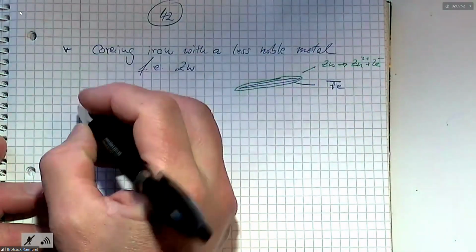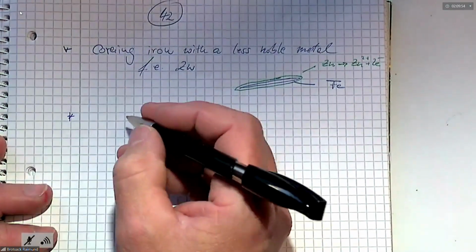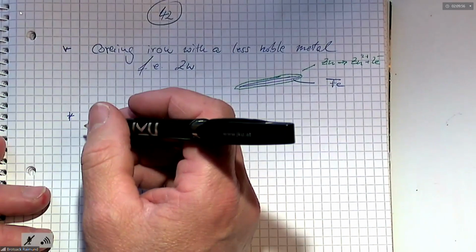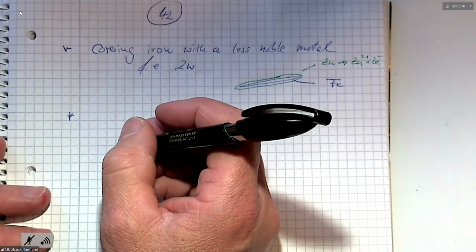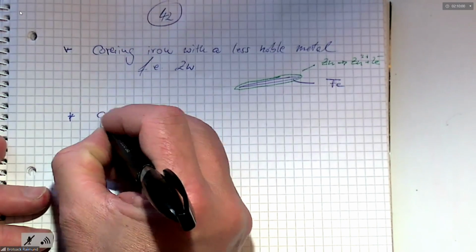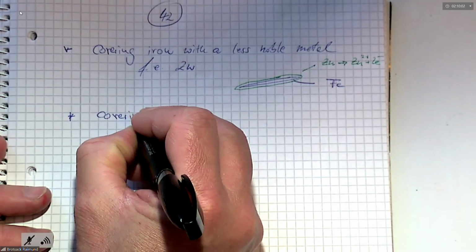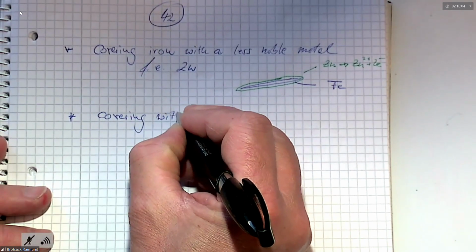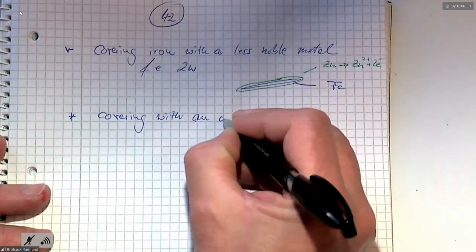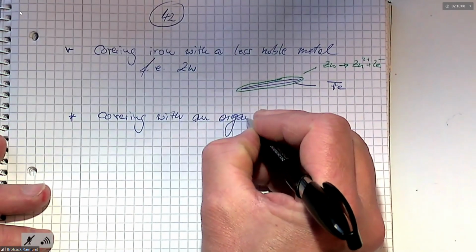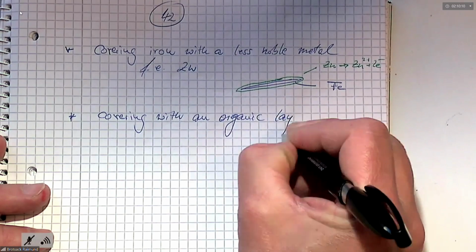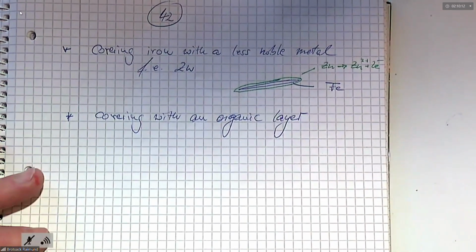The ships, when we talked about the ships, are coated with a color, with an organic layer.